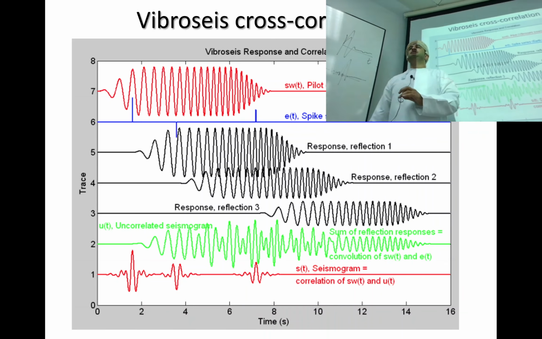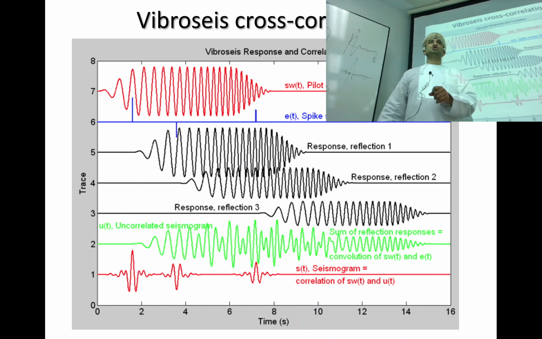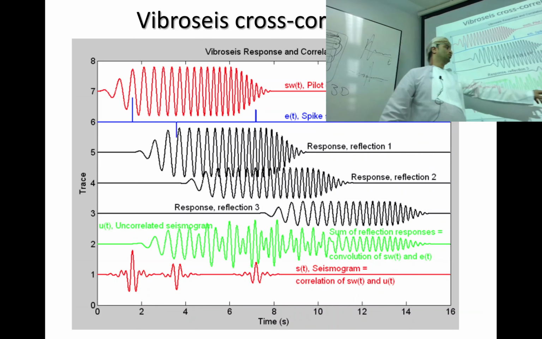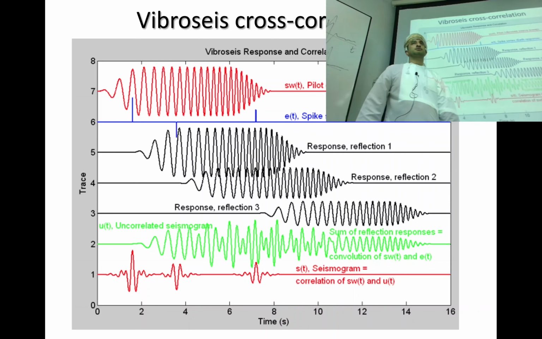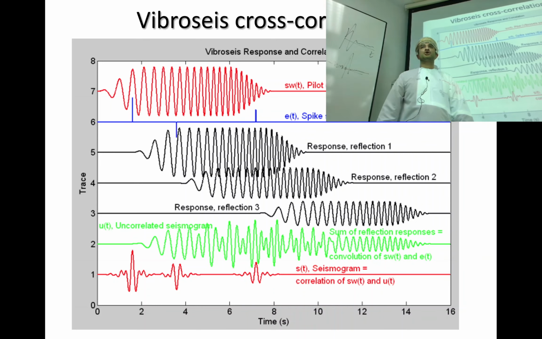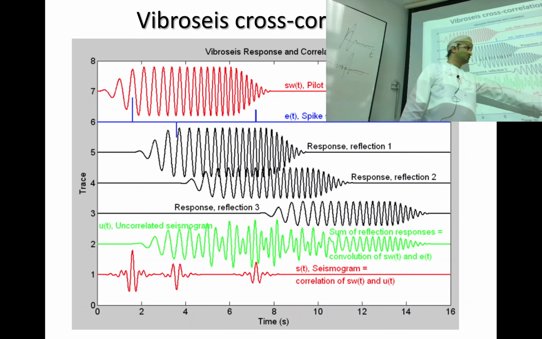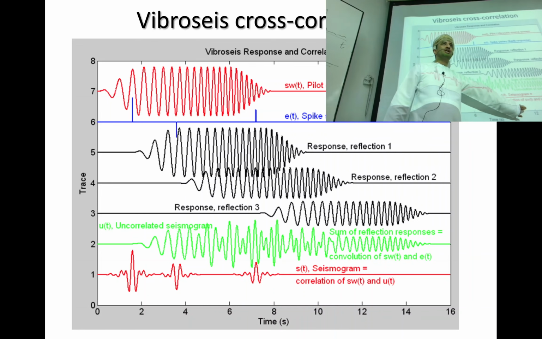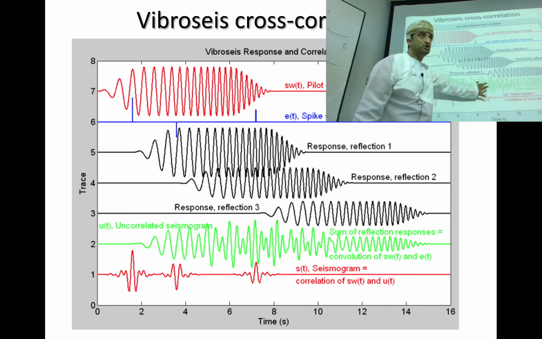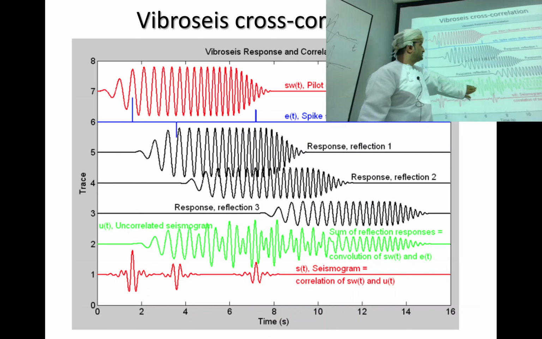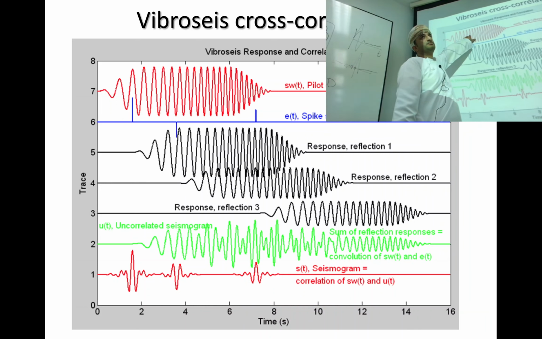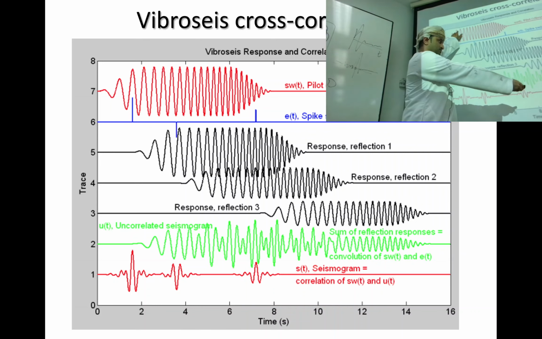But there is an interesting thing. There is a process in geophysics called correlation. So in correlation, we cross-correlate these traces with the sweep to produce for me this signal.